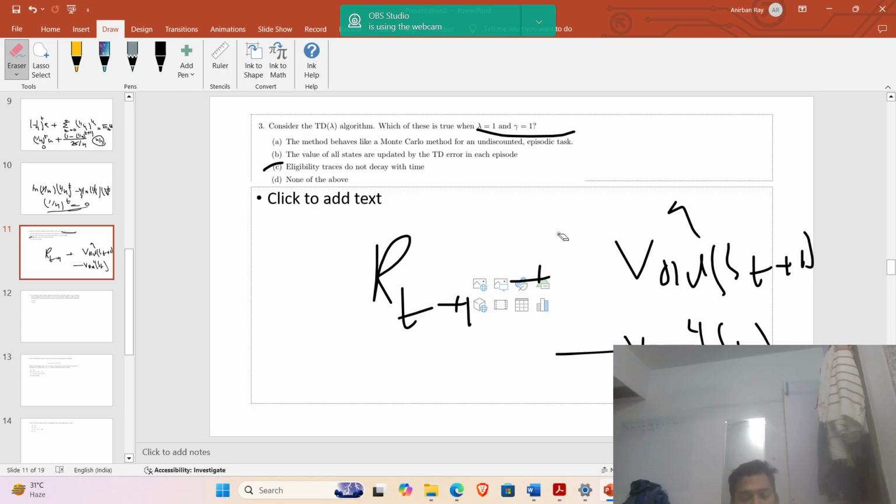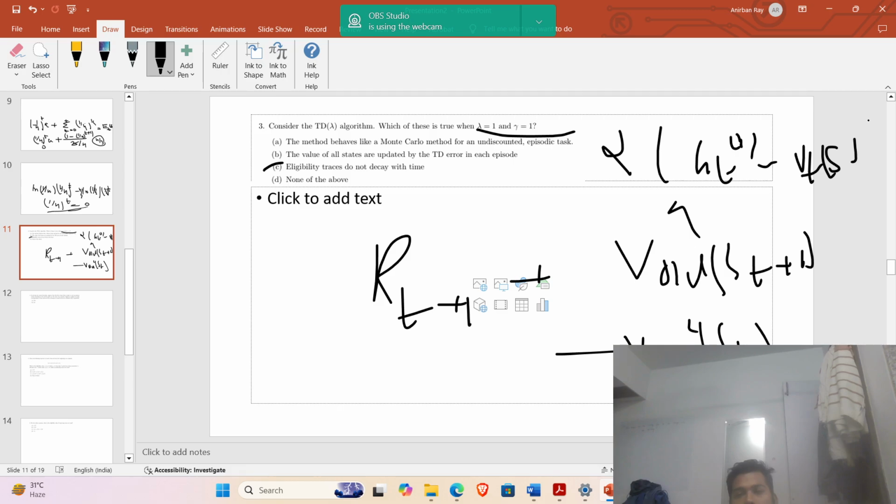Now this is what you get here, and is it equal to the TD error, and our original update for this V in this case is alpha times G t minus V t S. So it is not the same. Not correct. Cannot equate this as the same.